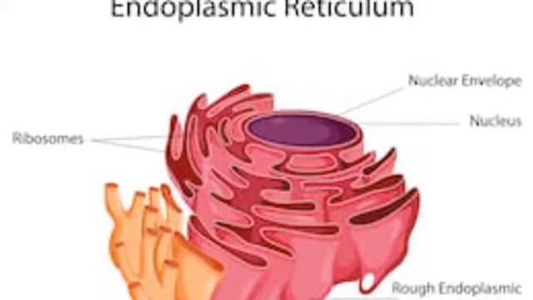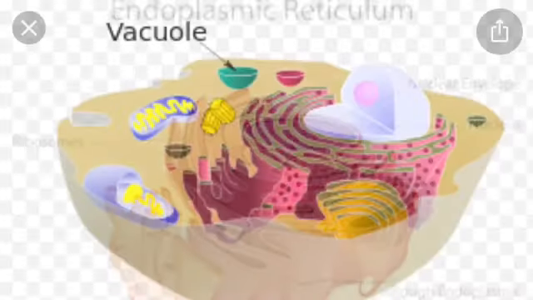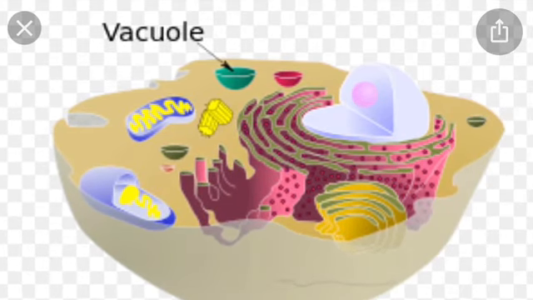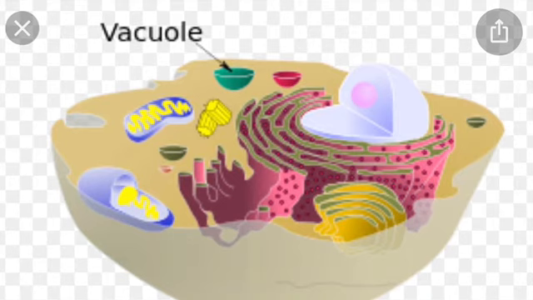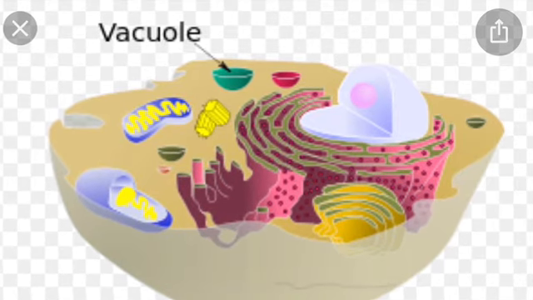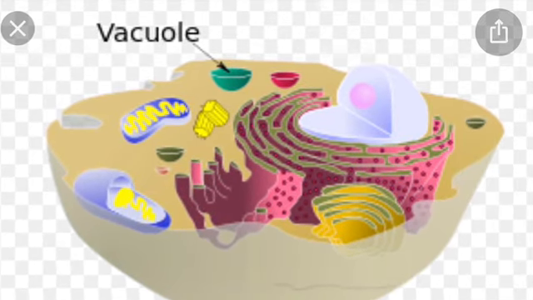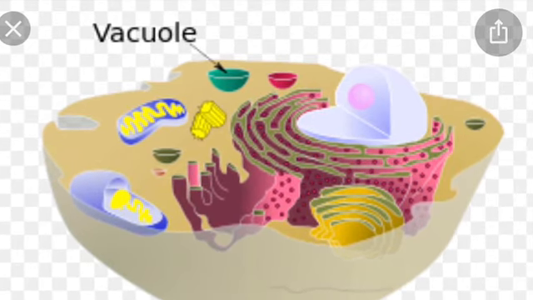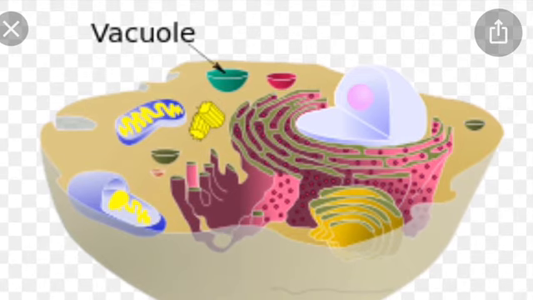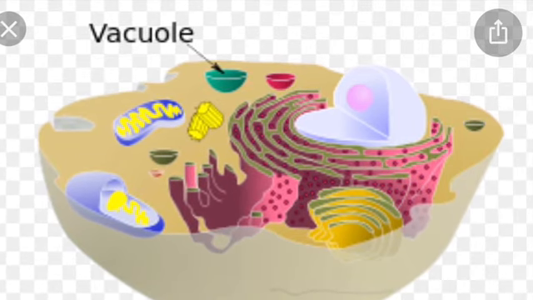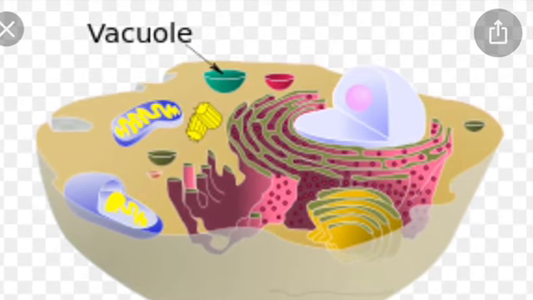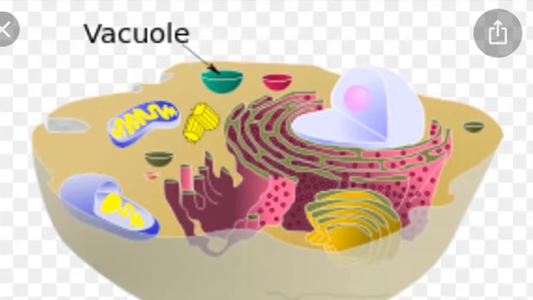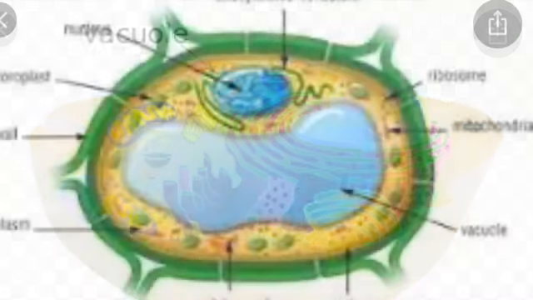Now, there's another special structure that I need you to be familiar with that's found in eukaryotic cells, and that is an organelle called the vacuole. The vacuole is responsible for food and water storage. When you look at the vacuole, you're going to have many small ones in animal cells, but in plant cells, they're very large and central.